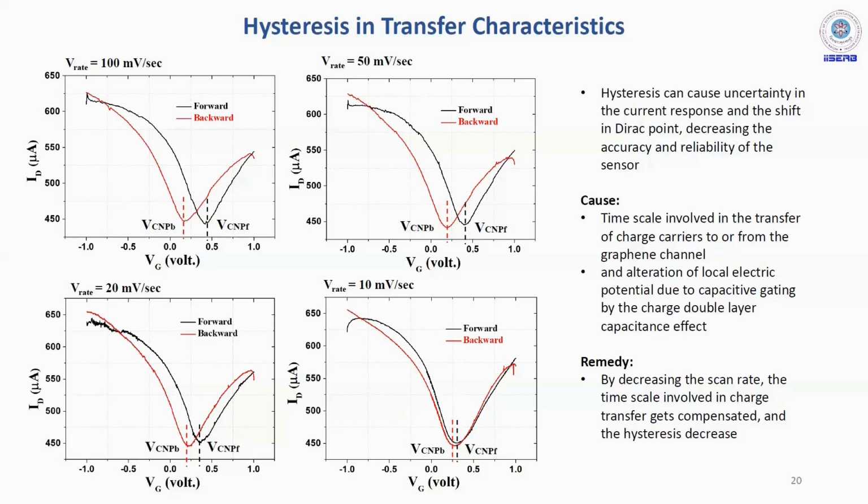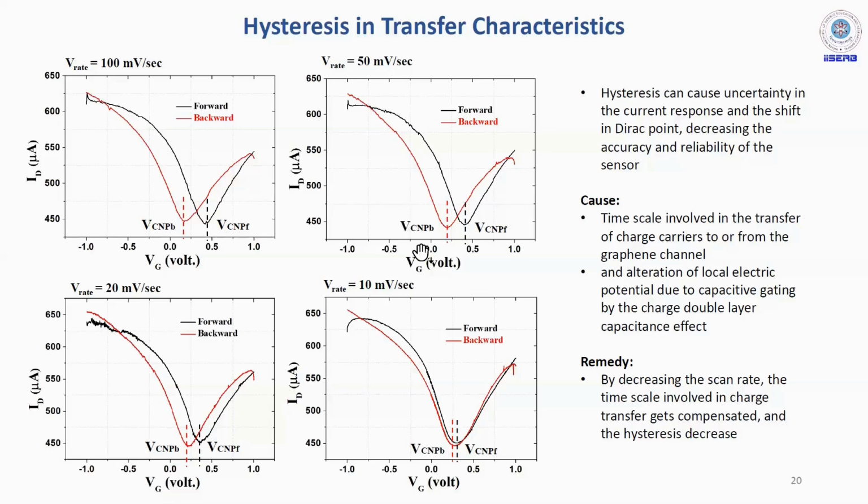What we could see is that if you change the voltage at the gate at a higher rate, you see a higher amount of hysteresis, which is basically because of the charge transport, the time it takes to reach the source electrode from the drain or drain to source. Because of that, this hysteresis is high when the voltage change rate is very high.